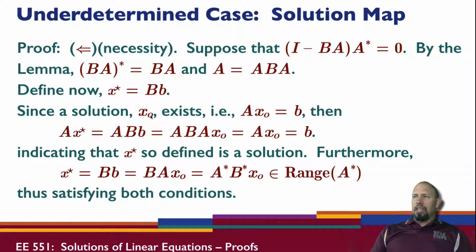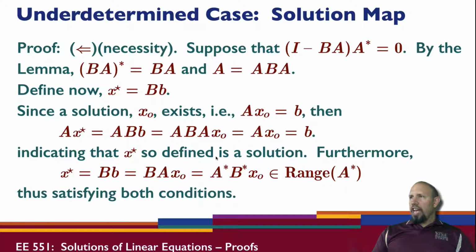So in this case, x naught is one solution that exists. So we can define A times x star as A times B times little b, but b is equal to A x naught, so I plug that in here. ABA x naught is just equal to A x naught, but A x naught is b. Therefore, A x star must be equal to b, for B defined this way.